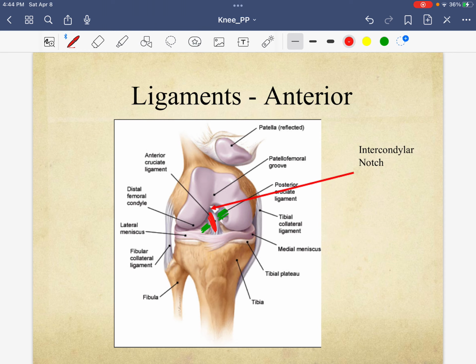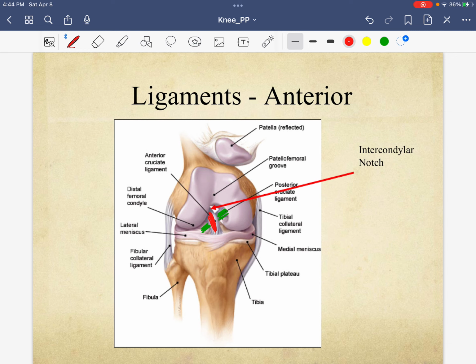Technically, the PCL has a couple separate bands, but we tend to just talk about the posterior cruciate ligament as one. It is shorter in length than the ACL, but it's stronger. So there are many reasons why the PCL doesn't get injured as often. First of all, the PCL is stronger than the ACL, but also it's just a less common mechanism that would stretch the PCL too much.